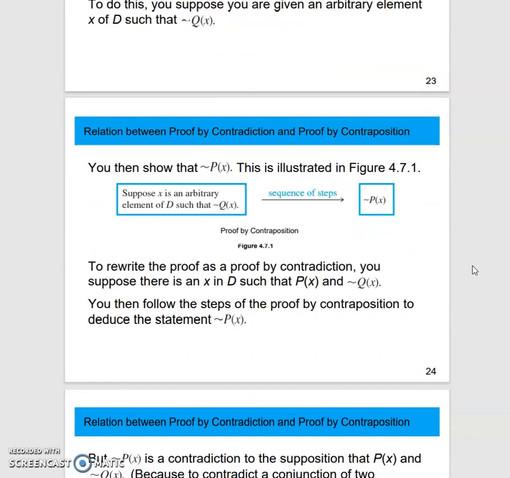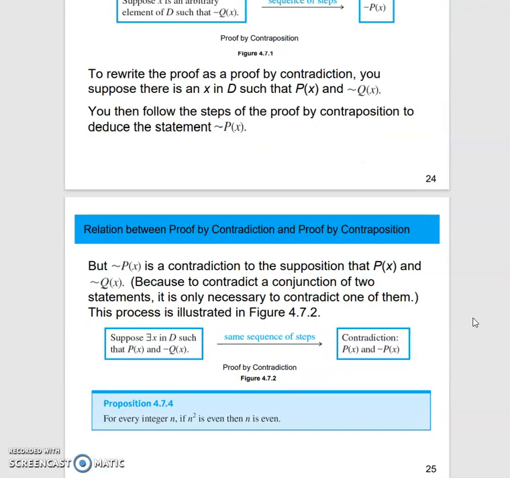For contradiction, though, I am going to assume not Q as part of my original problem, and then hopefully discover that not P is going to end up happening, which is where my contradiction is. They do sound very similar, but there are differences between them, so please be careful as you work through this homework. We will see both types, and yes, they are different. And this is everything in section 4.7.